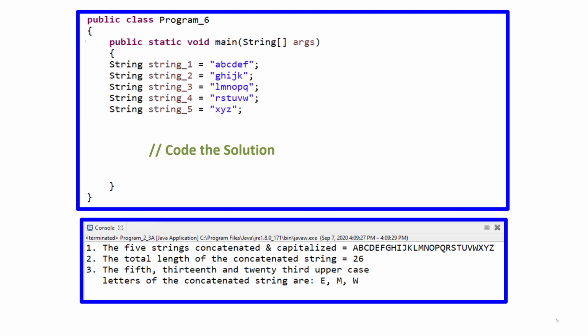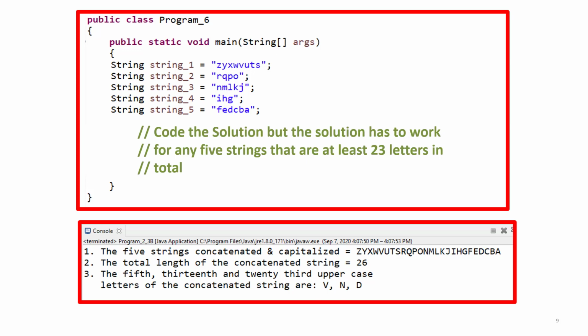But given the 5 strings shown, the output will capitalize and concatenate those 5 strings, just as shown here, then report the total length of the concatenated string, then report the 5th, 13th, and 23rd uppercase letters of the concatenated string.